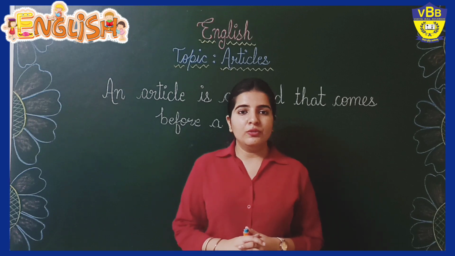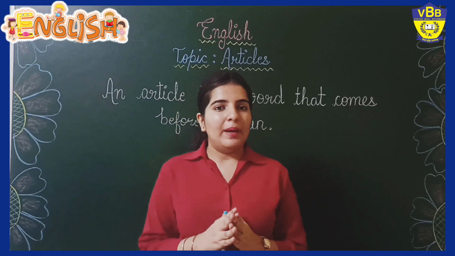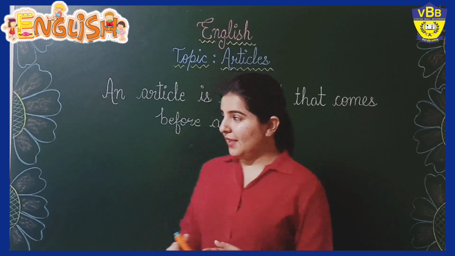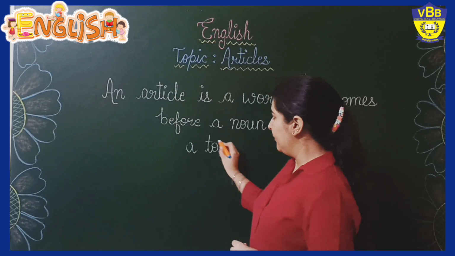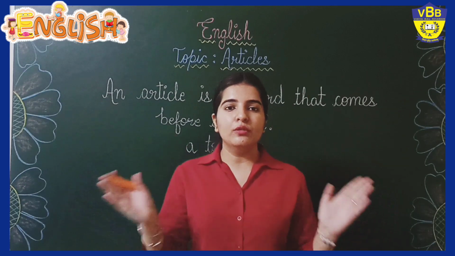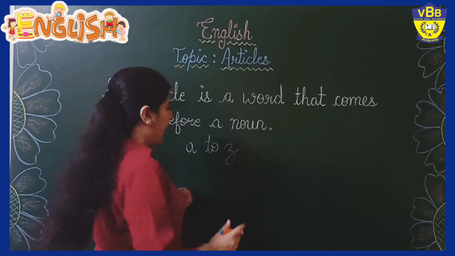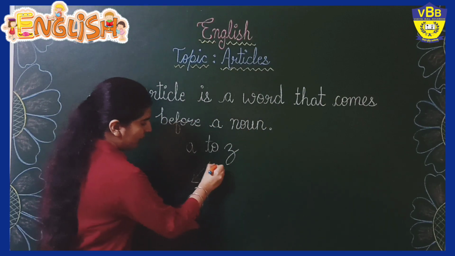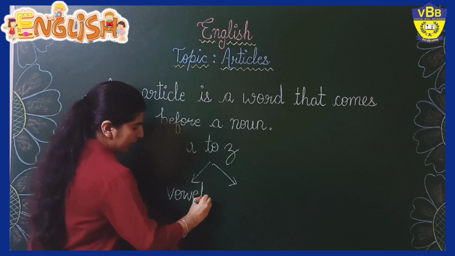Okay? So now students, let us start one by one. As you know about all the 26 alphabets from A to Z, these alphabets are divided into two parts. How many parts? Two parts. And what are those two parts? Number one, vowels.